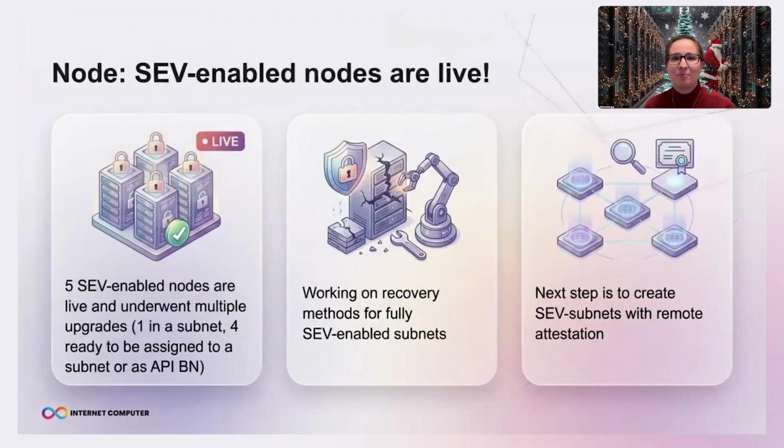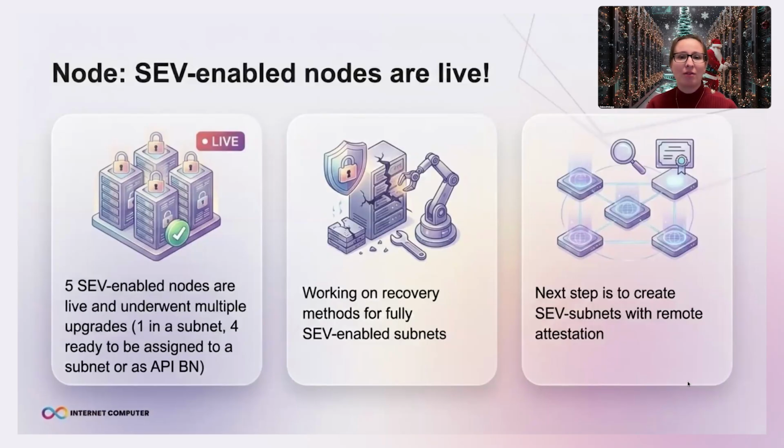And the next slide. Last but not least from me, as you heard in one of the previous global R&Ds, we do have SEV-enabled nodes, replicas, also live on the mainnet. We have 5 at the moment, 1 in subnets, and they've also been switched on and off from subnets and upgraded multiple times.